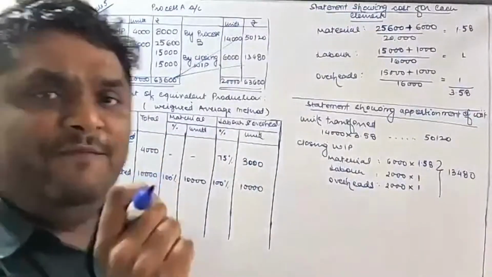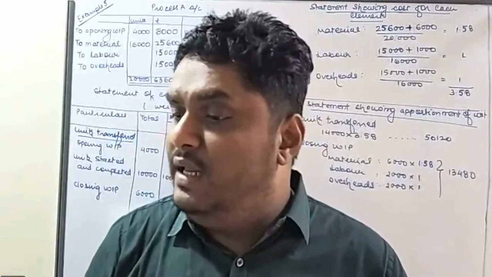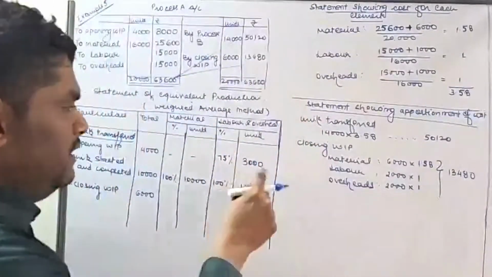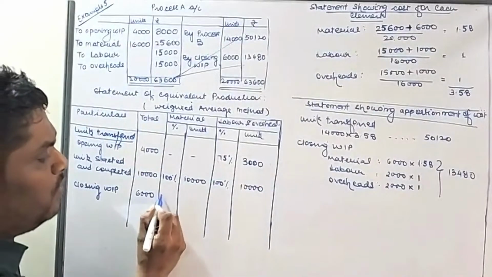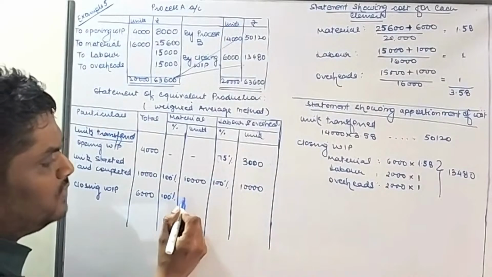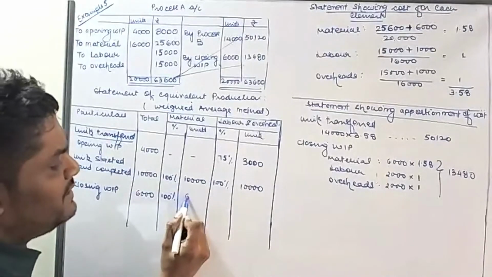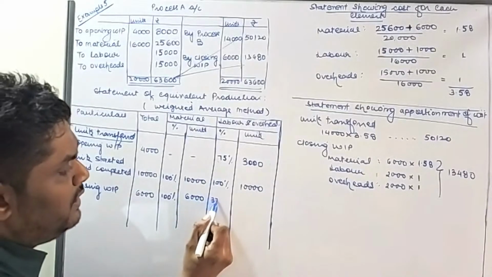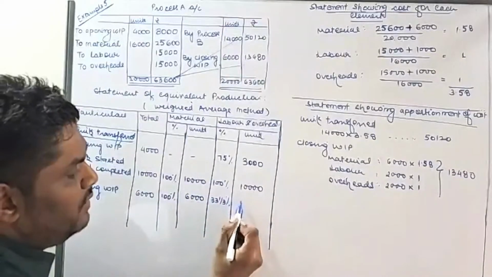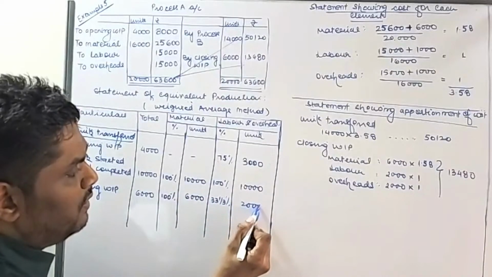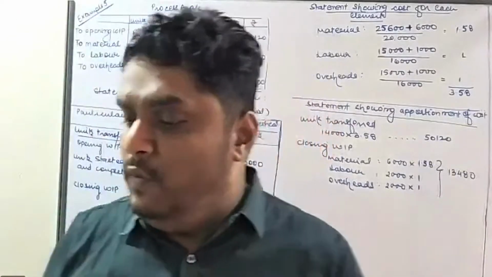So 25% work was done in the previous year and 75% was done in the current year. So this is what we took in FIFO, 3000. Now, when talking about closing work in progress, 100% work was done in respect of material. So this was 6,000, and 33 1/3% represents the work that is done during the year. Again, this will be 2,000. So this was the statement we prepared as per FIFO.